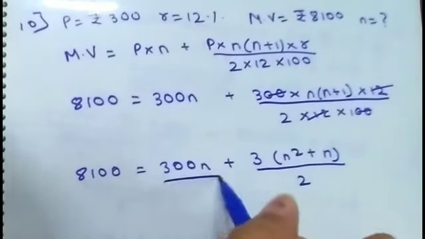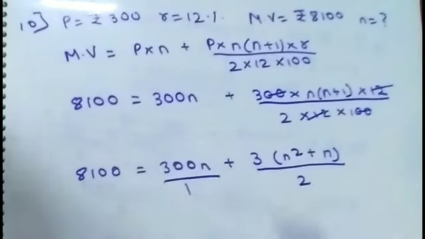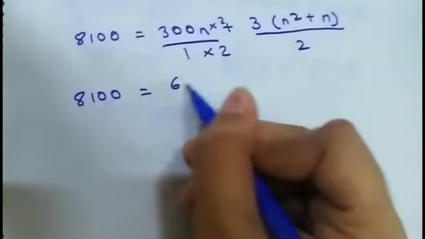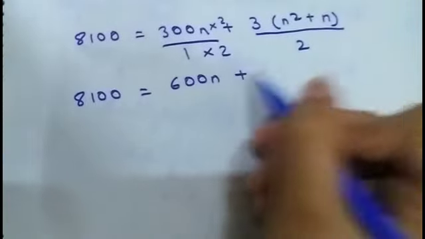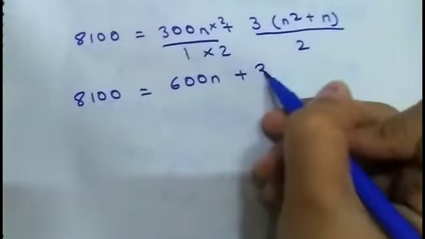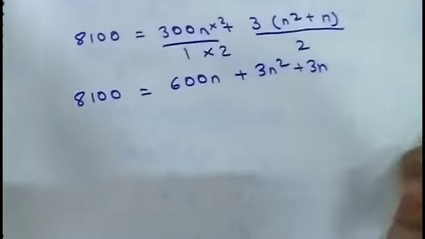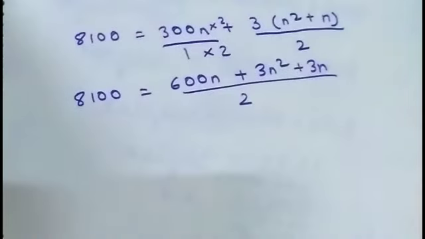Now, we will take the LCM. Here it is 1, here it is 2. So, it would be 8,100 into 2 equals 600n plus 3 into n square would be 3n square, 3 into n would be plus 3n, divided by 2.